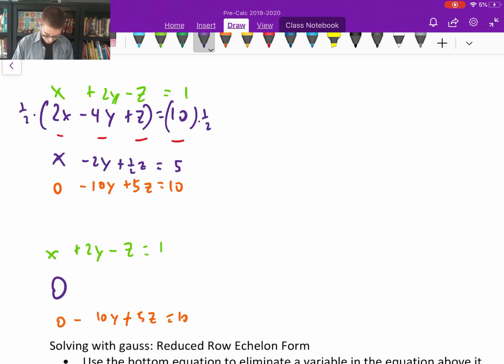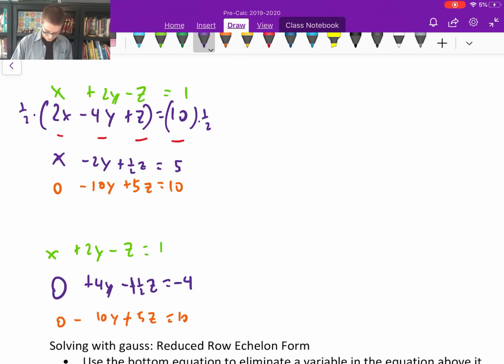So that's plus 4y. And then negative z minus 1/2 z. That's minus 1.5 z, or 3/2 z, equals 1 minus 5 is negative 4.